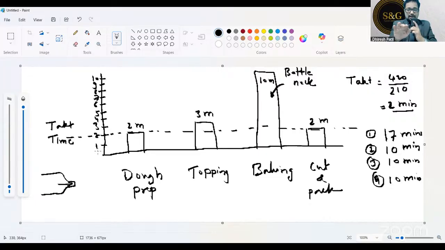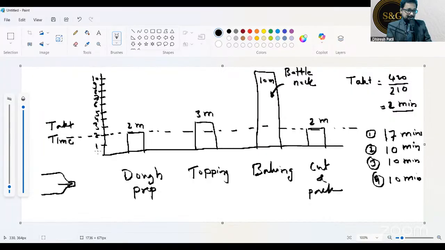Imagine we have hypothetically leveled all the cycle times. Now all the cycle times are 2, 2, 2, 2, right? So the first pizza will come out in 8 minutes. After that, every pizza will come out in 2 minutes.